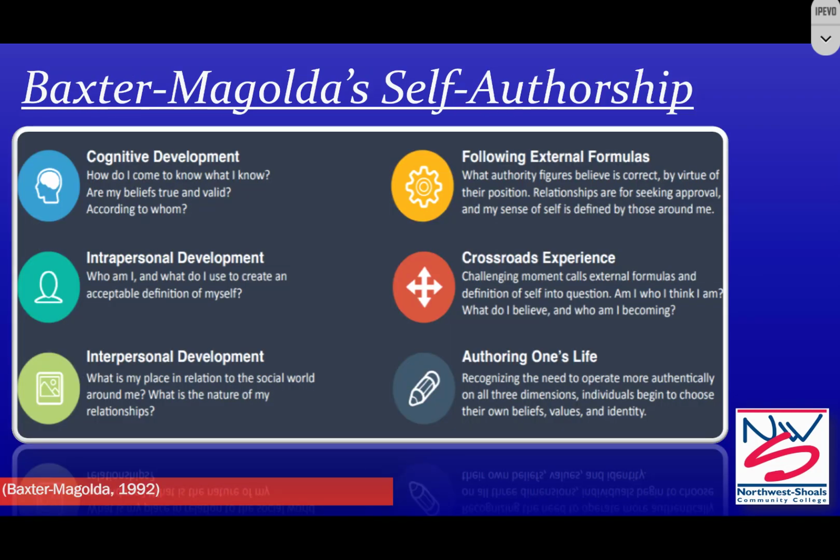So moving on to Marcia Baxter Magolda's self-authorship theory. This theory was developed in a longitudinal study which took place over the course of about 30 years. It started with 200 college-age students, and Baxter Magolda continued to interview these students periodically over that 30-year period.